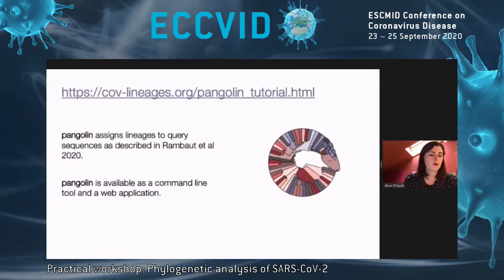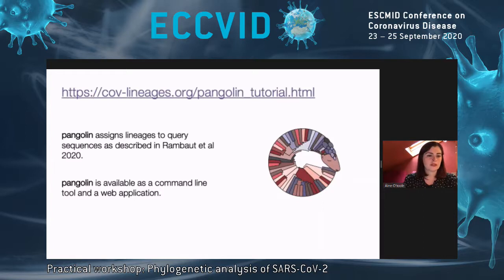All of the material is linked from the CoVLineages.org website. I'll describe a little bit first, but you can navigate over there if you like, and we'll go there together in a moment.